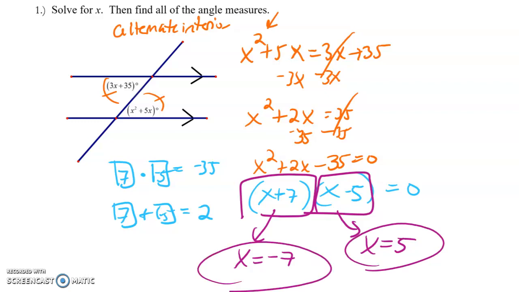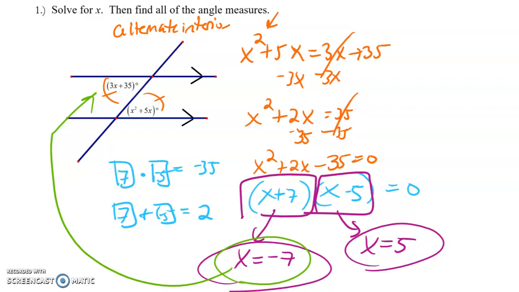Now looking at our problem, the question is, okay, which one would make sense as angles? If I took my negative 7 and plugged that in here, that would be a negative 7 times a 3, and then that would give you a negative 21 plus 35.